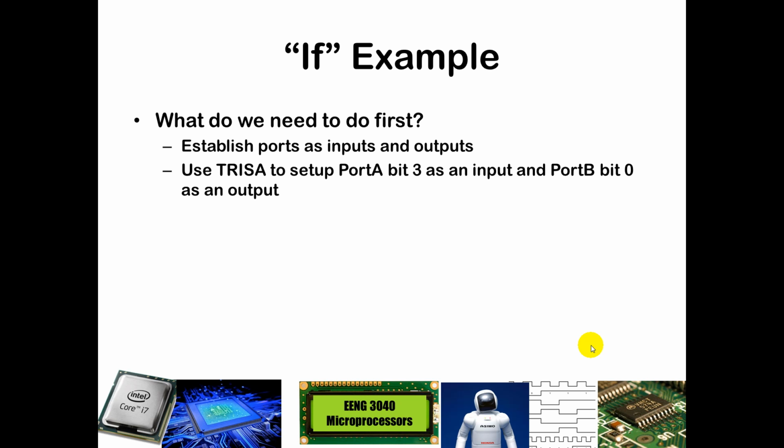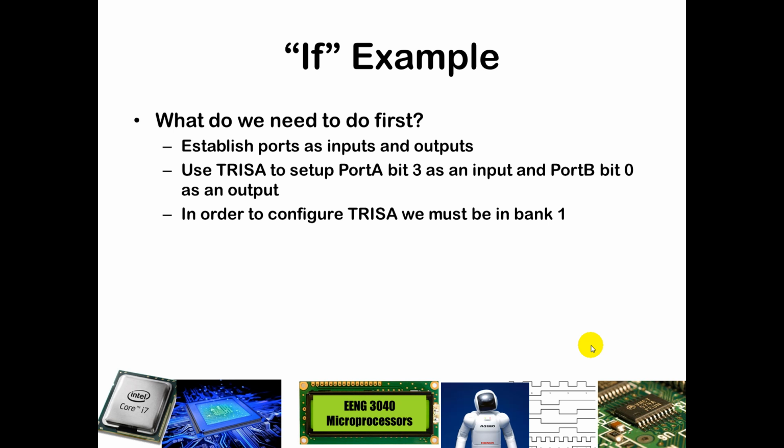In particular, we are interested in bit 3, and we want to make bit 3 of port A an input. Likewise, we're going to use TRISB to make port B bit 0 an output, so we can go ahead and set or clear things. Hopefully you remember, to make something an input, you set it to 1. To make it an output, you clear it to 0.